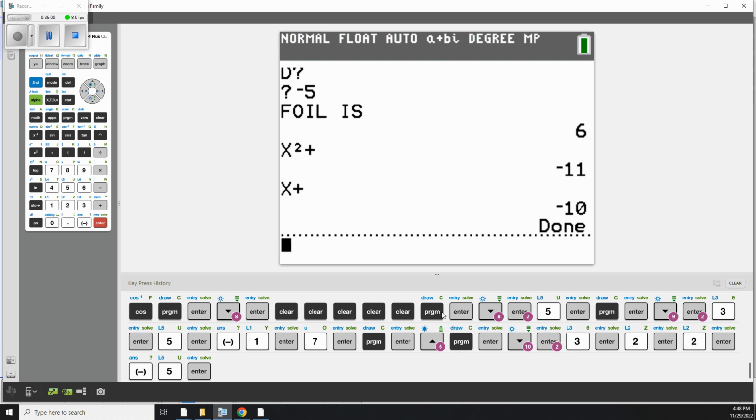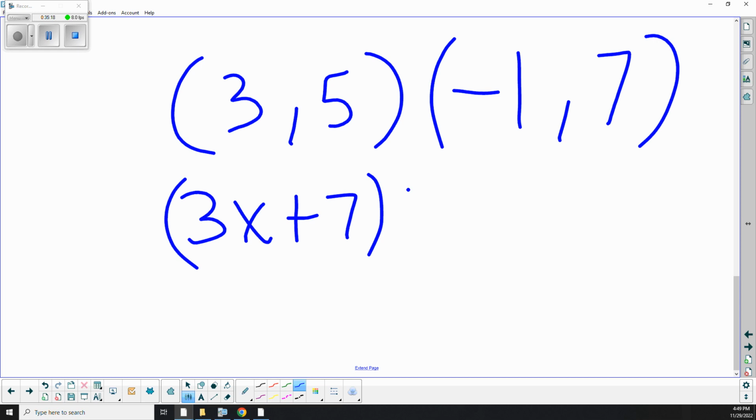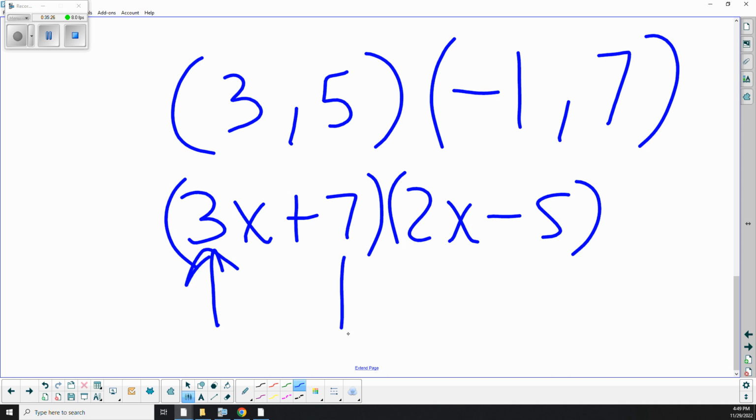It foils for me. The foil is 6x squared minus 11x minus 10. It double distributes and gets the answer. So anytime I've got something like this, I can foil it, double distribute it just by entering 3, 7, 2, negative 5.